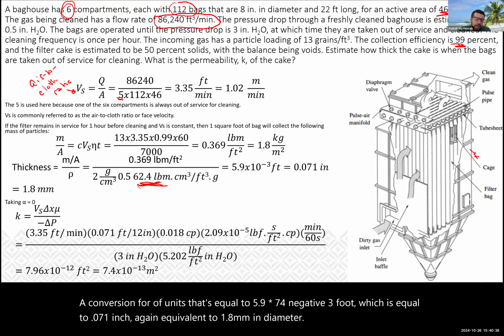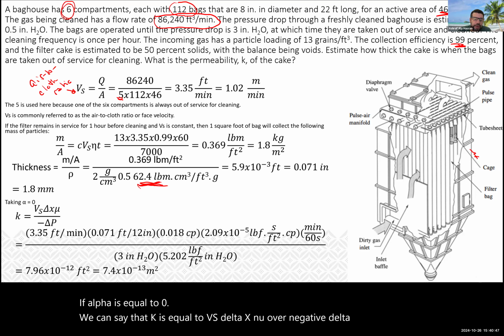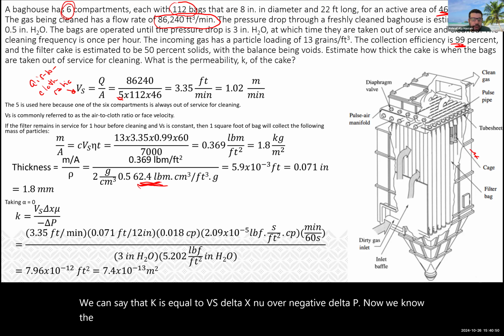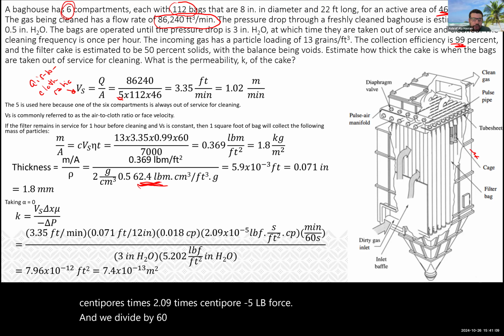If alpha is equal to 0, we can say that K is equal to Vs delta X mu over negative delta P. Now we know the Vs, and we can convert 0.071 foot to inch. We multiply by 0.018 centipoise times 2.09 times 10 to the power negative 5 pound force, and we divide by 60 minutes for conversion, over 3 inches that was given here.